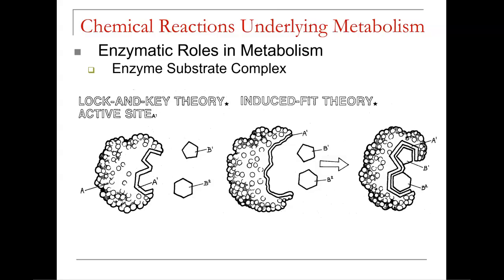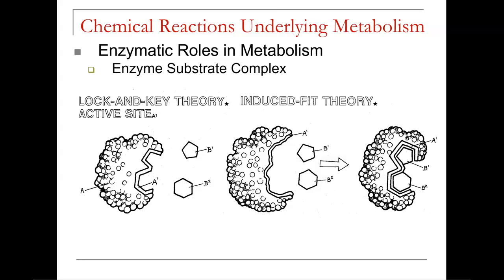You can also have what's called an induced fit model. That's going to describe a more flexible active site that will approximate the shape of the substrate, and that's going to mold to it. So you see that active site in the second picture that's coming in, and it's molding to the substrates that are coming in. And so then that will help to produce that perfect fit as it molds in.